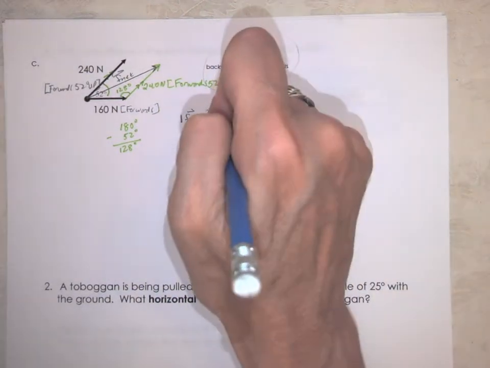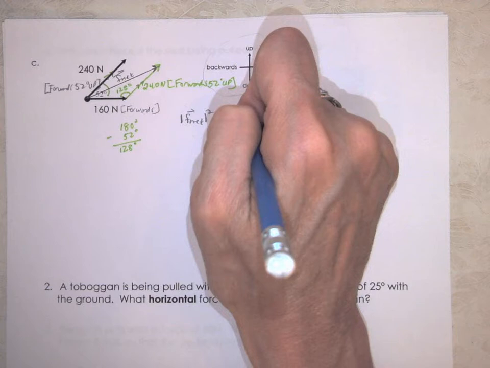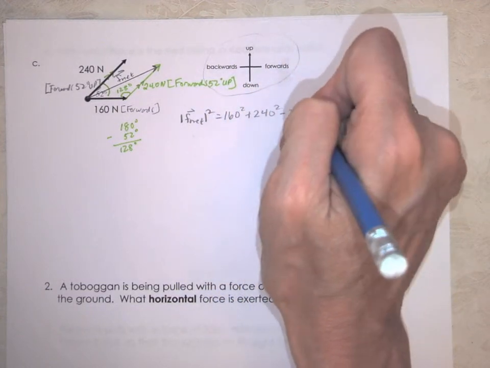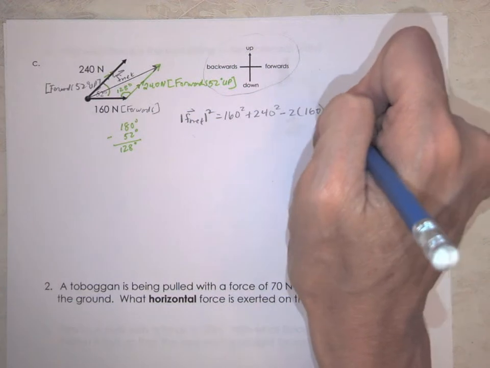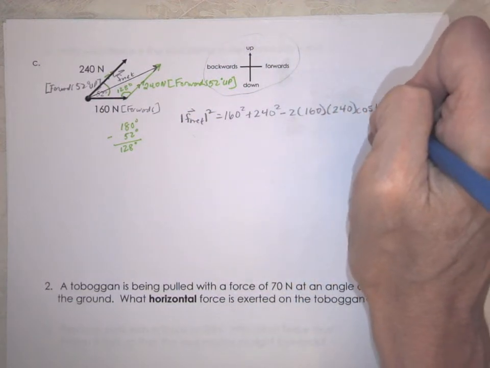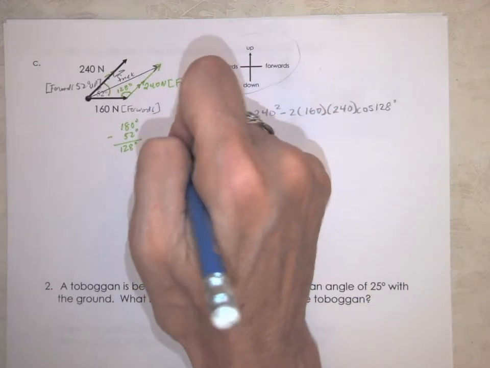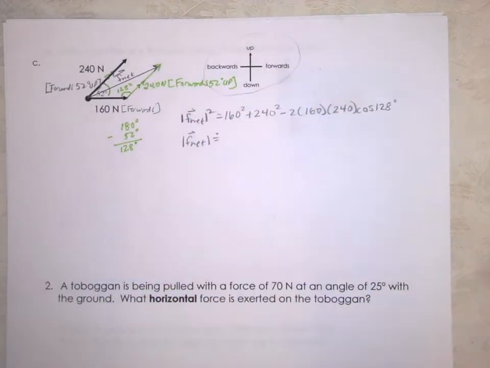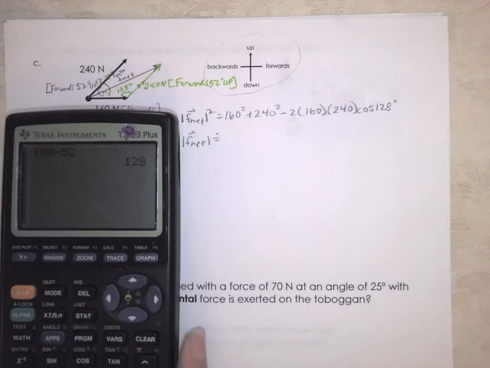It's going to be 160 squared plus 240 squared minus 2 times 160 times 240 times the cosine of 128 degrees. Then I go to my calculator and find the magnitude of F net approximately. Remember to make sure your calculator is in degrees.